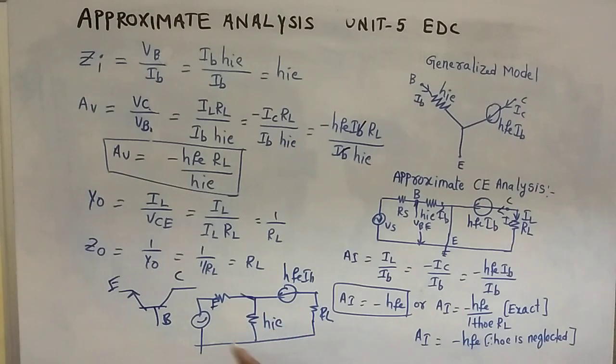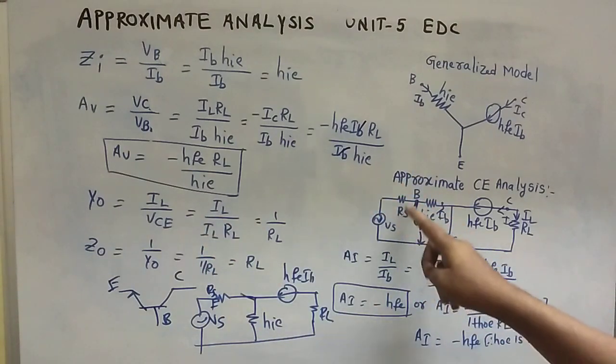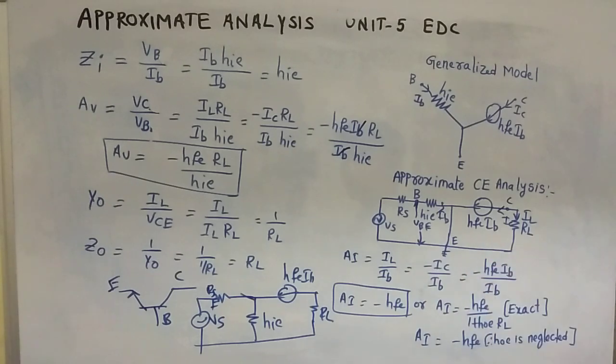This is the common base configuration approximate model. Vs and Rs remain as they are for any configuration, and RL also remains for any configuration.